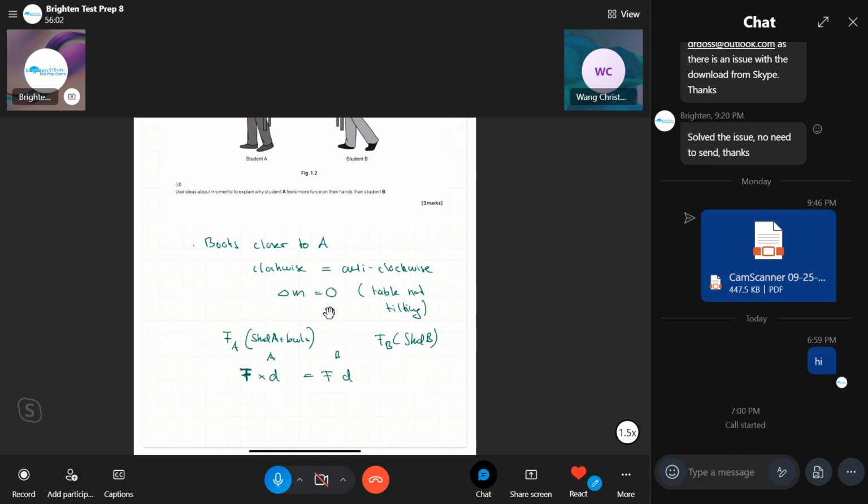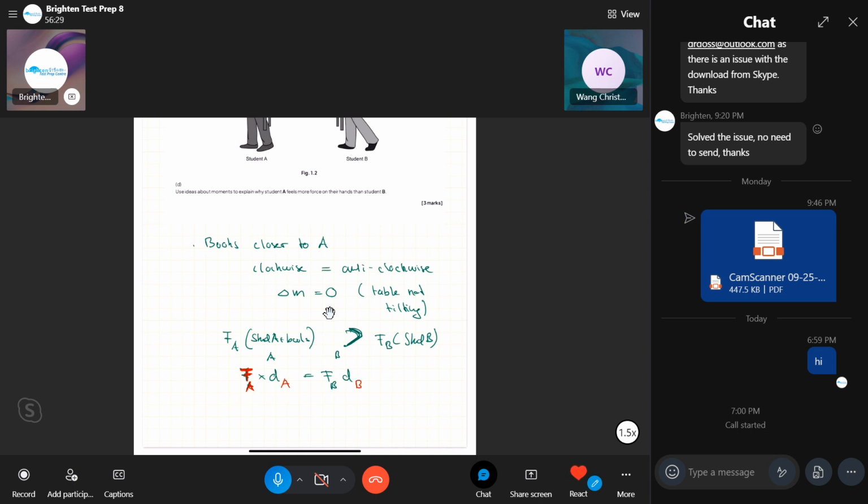So FA is greater than FB. If FA, I make it in red, is greater than FB, what has to happen in order that they're still in equilibrium? The distance. Yeah, exactly right.